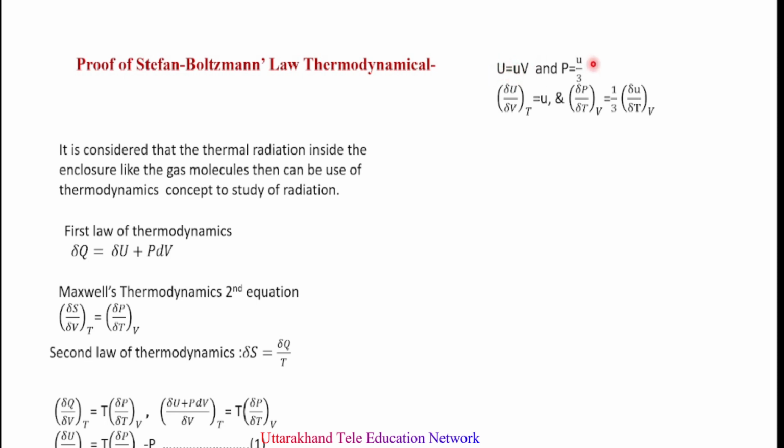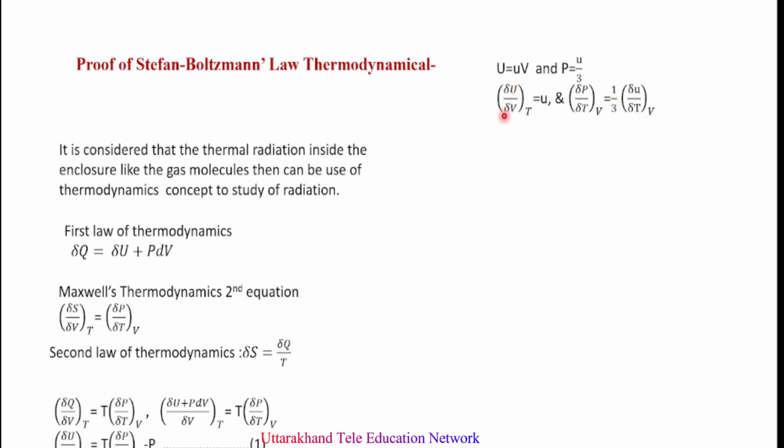Now there are two relations. We differentiate this relation with respect to the volume, then we get del U over del V at constant temperature T is equal to small u, and del P over del T at constant volume V will be 1/3 del u over del T at constant volume V.